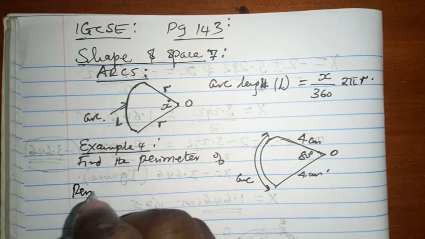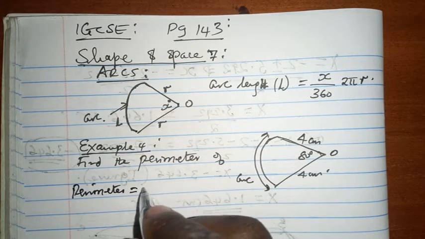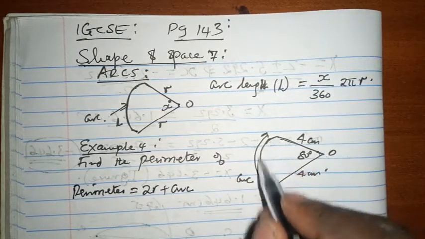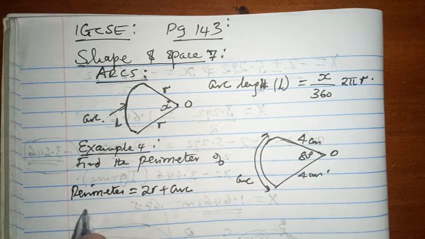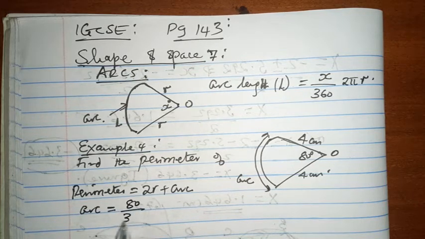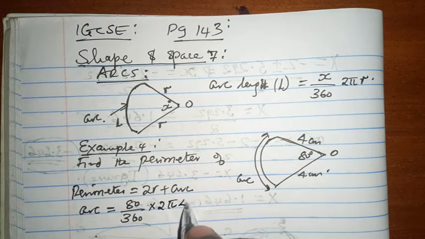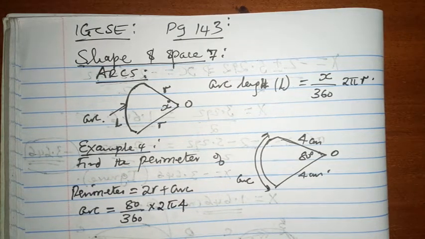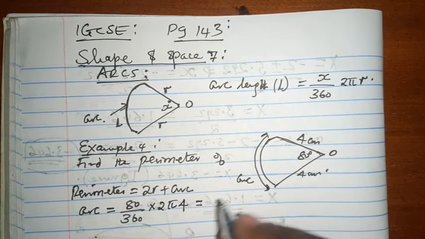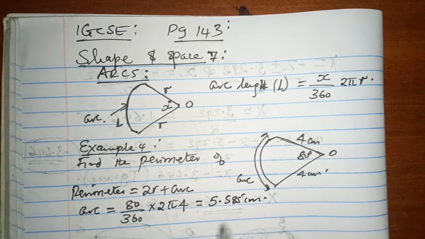So the perimeter in essence is given by 2r plus the arc. This radius plus the arc. Now, the arc itself is 80 out of 360 times 2 pi r, which is 4. If you apply the calculator, you'll find this is 5.585 centimeters.